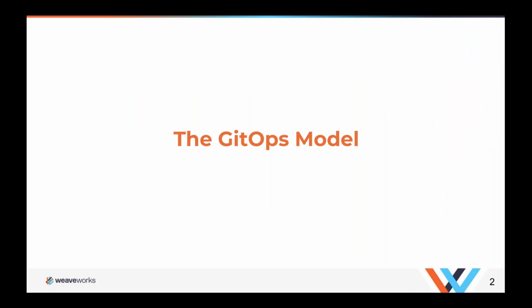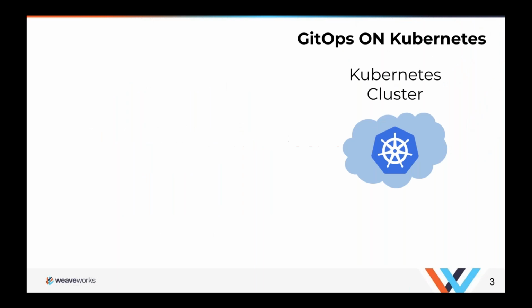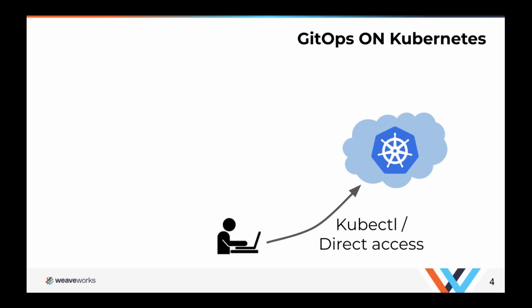So really what I want to talk you through is the GitOps model, which is an operations model that works for Kubernetes clusters. The idea here is that we have our Kubernetes cluster, and traditionally you would have kubectl direct access to modify your cluster. Now there are lots of problems with that.